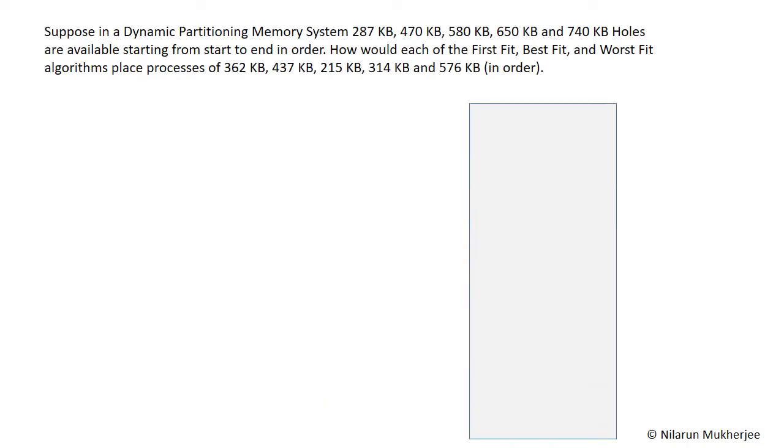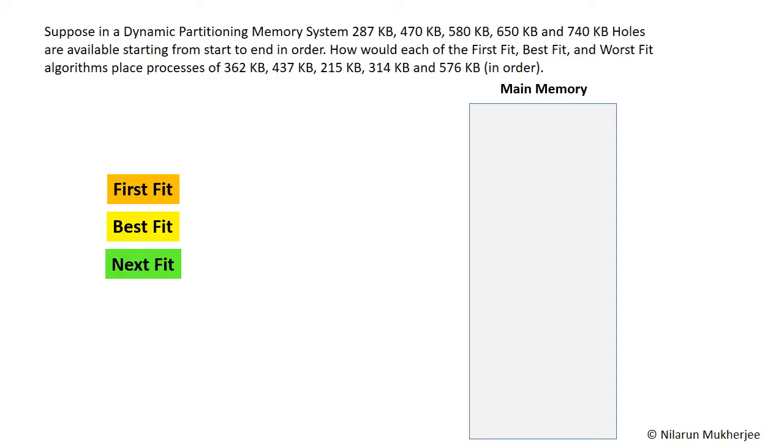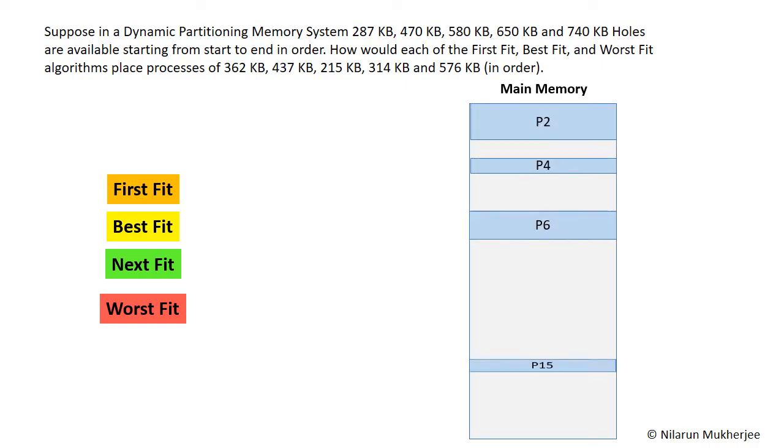There are 4 algorithms: first fit, best fit, next fit, and worst fit. We are going to understand this by a problem. Suppose that in memory there are some processes already there, and these are holes.